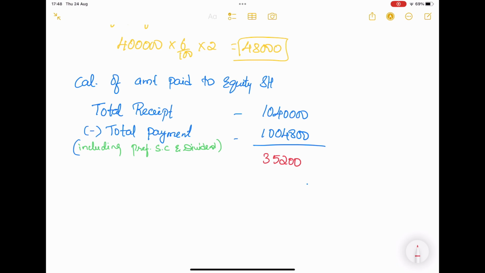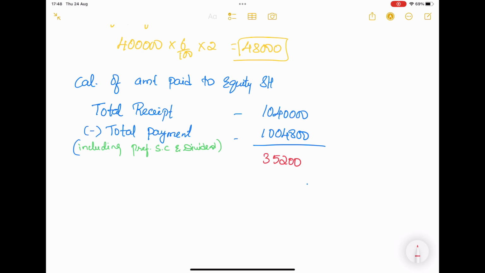So this is how we are going to calculate. 35,200 is the value. So this 35,200 will be shared among the shareholders.